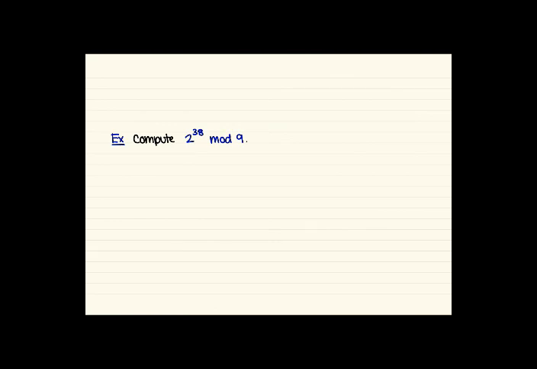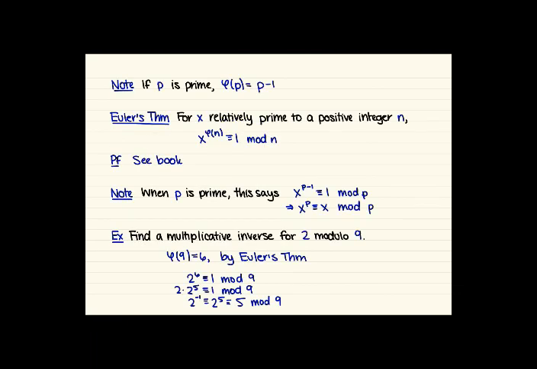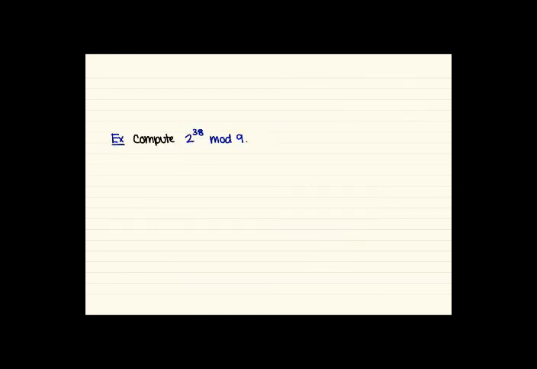Using Euler's theorem can also be handy for finding really large powers, because remember, if we've got x to the phi of n congruent to 1 mod n, then a lot of this stuff is going to collapse into 1.